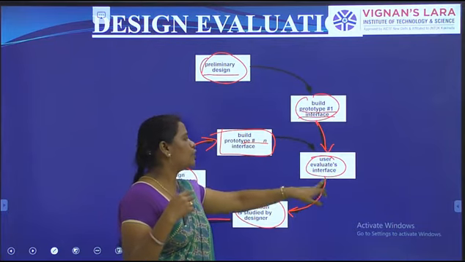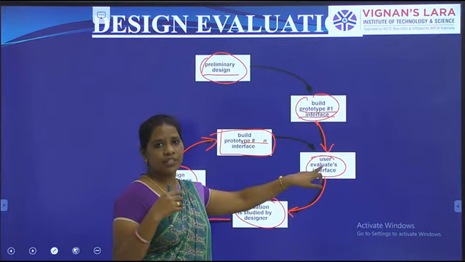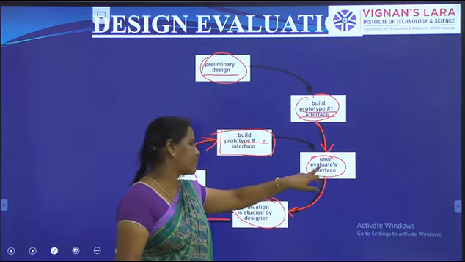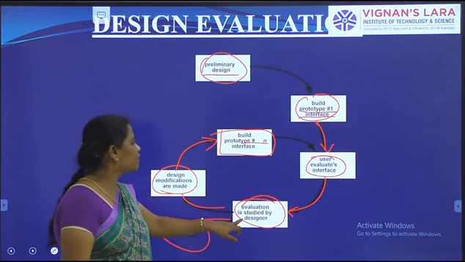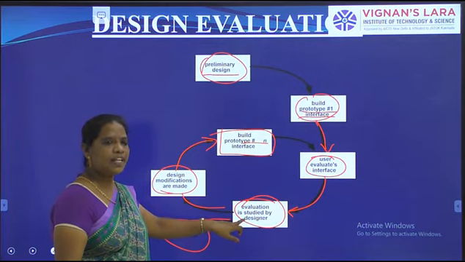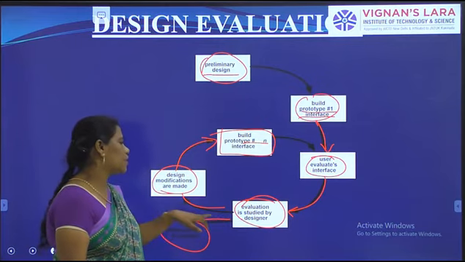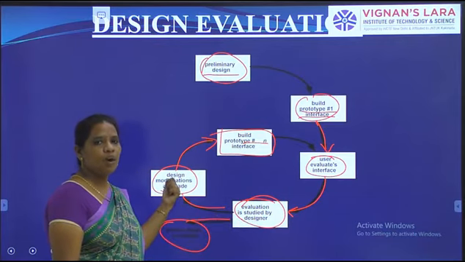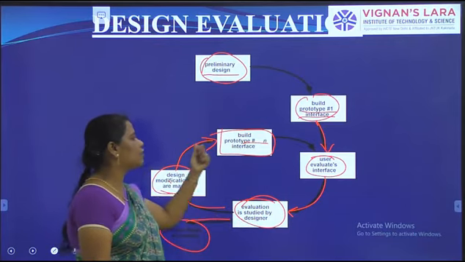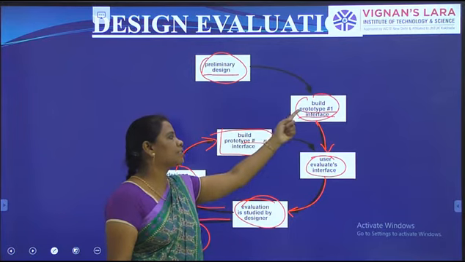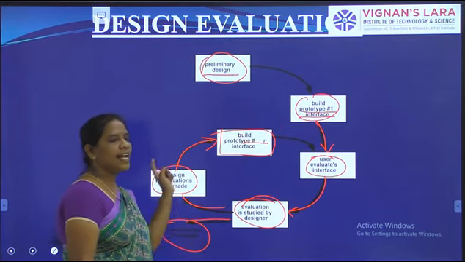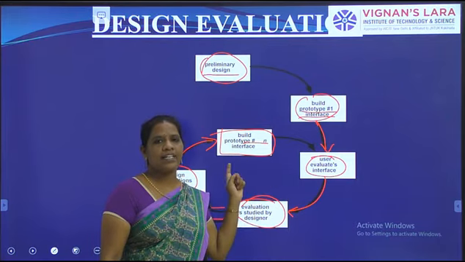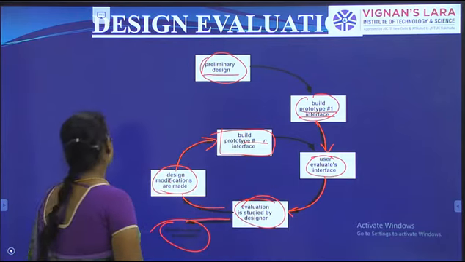After that it goes for the users' evaluation, which means some checking. Then it goes to the designer. If the designer is okay, it goes for evaluation. If you get any errors, it goes for modifications. After modifications, again it goes for the design, and it continues like that n times until we get the correct evaluation. So this is the design evaluation.